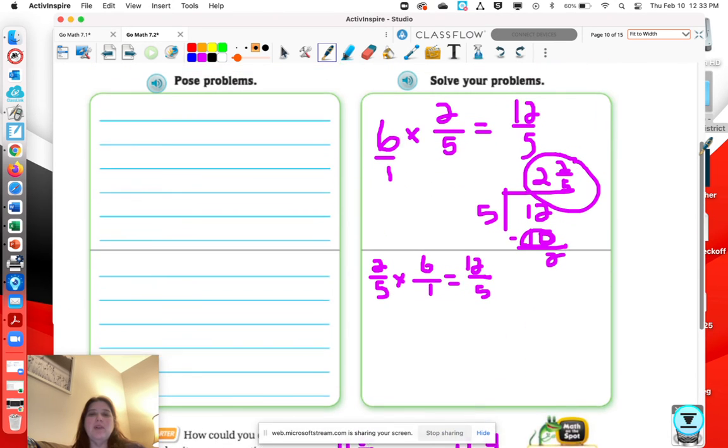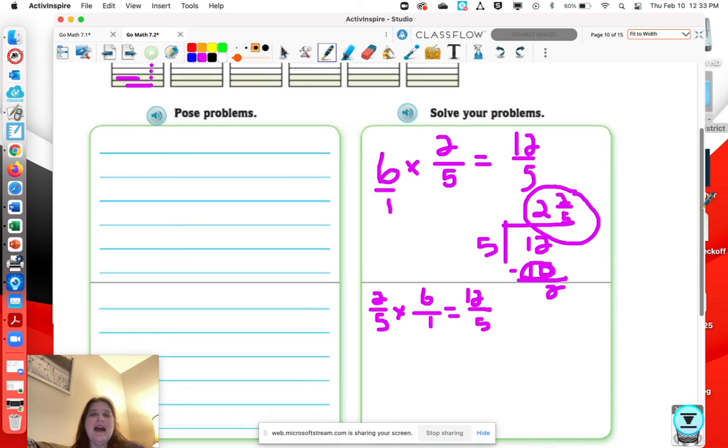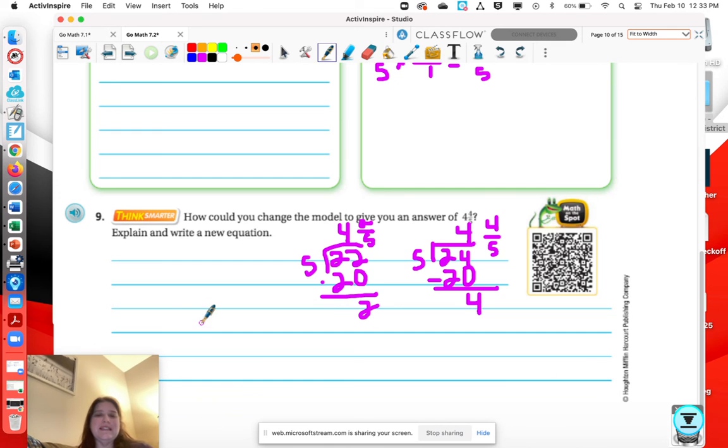So what would I multiply here to get 24? So instead of 6 times 2, I would need to do 6 times 4. So my problem would have to be 6 times 4/5, so that I would get 24 over 5.